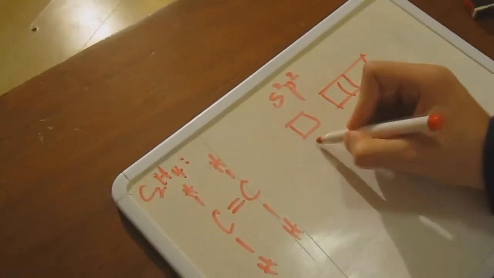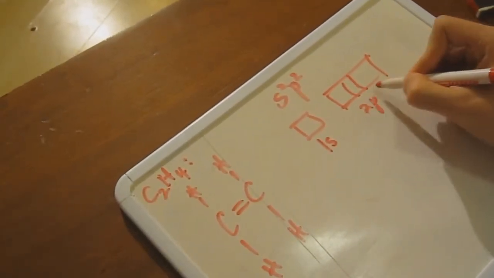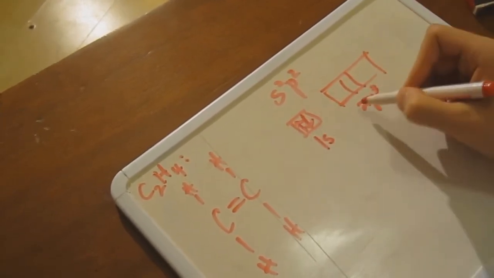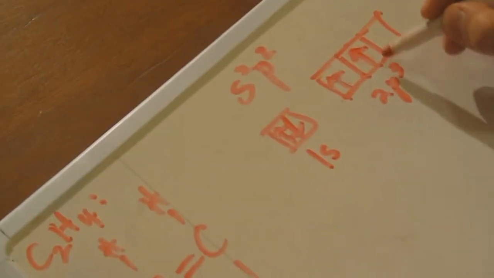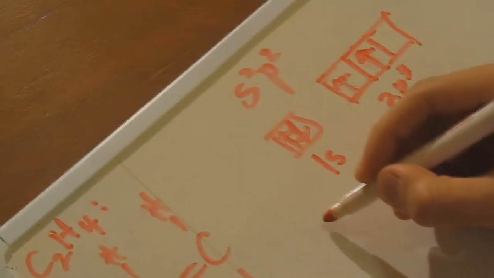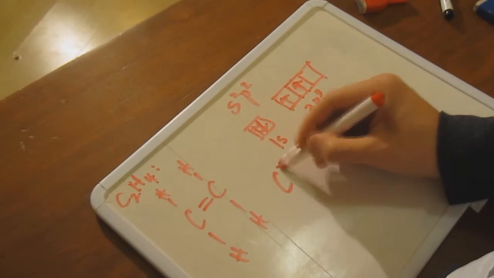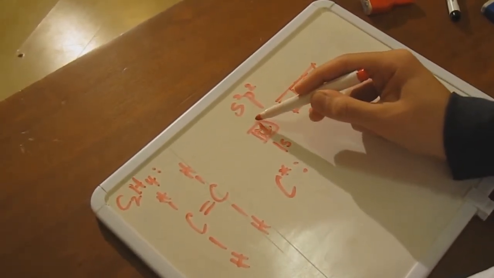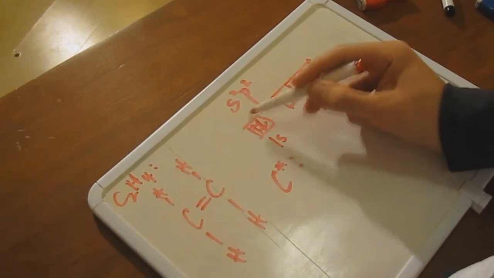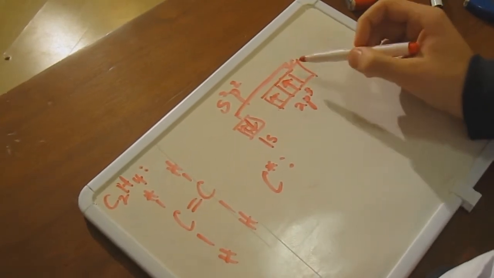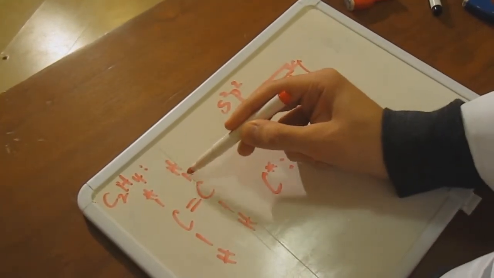Okay, so we have our 1s orbital here and the 2p orbitals here, and we have the 1s orbital filled with 2 electrons, another electron in the 2px orbital, another in the 2py orbital, and no electron in the 2pz orbital. Now, for C hybridized, since we have a double bond, and we have an electron pair here, we're going to move this into the other orbital so that we can get our 4 bonds.